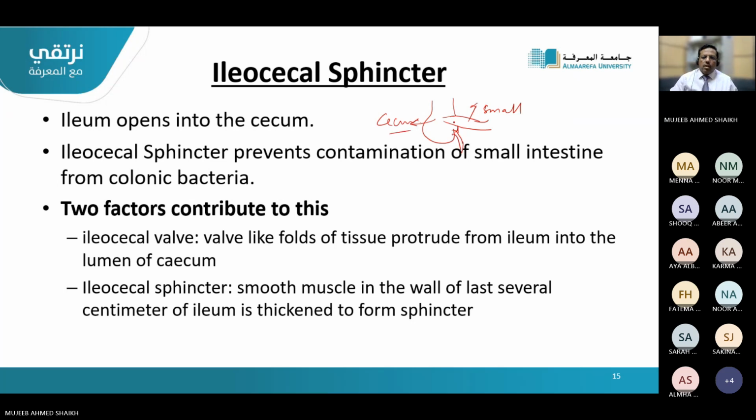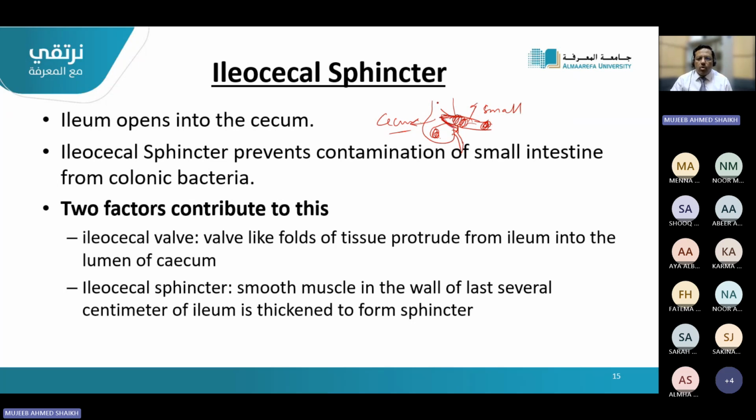So it is not like on the surface it is connected, but it will protrude into the cecum and will remain closed unless the food comes. If the food is coming here, it will stretch the wall and make it open, and the food will drop into the cecum. If there is no food, it will always remain closed.